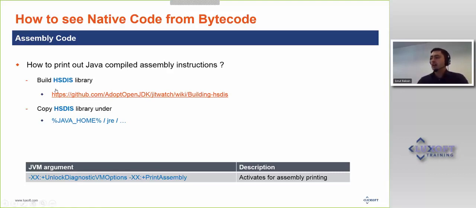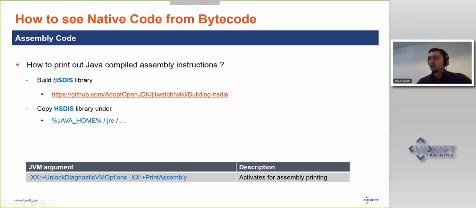Here is a really good guideline in order to build this library. This library, sorry, is the library that is used for seeing the assembly code, and here is really good documentation in order to build it on a specific platform.